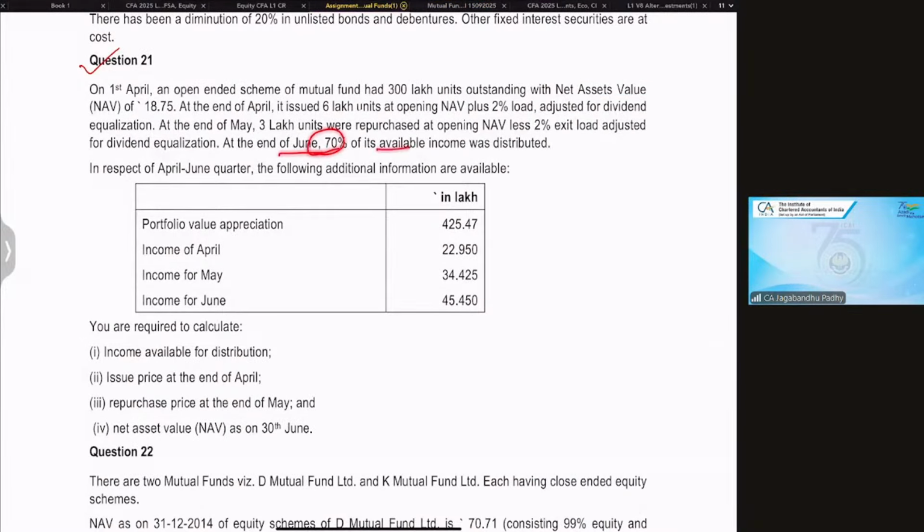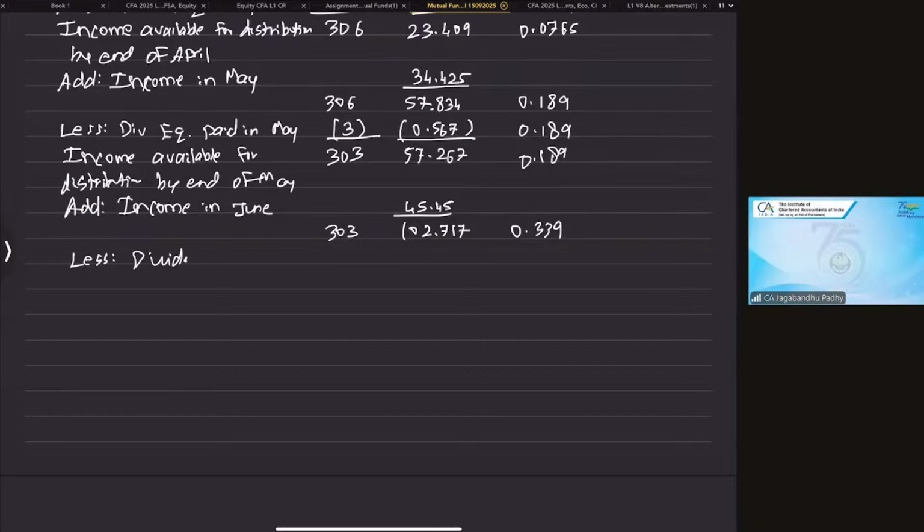So from this, we are going to subtract dividend paid. Are we paying out the entire money? No, sir. 70% only. So out of 0.339 into 70%, which is 0.2373.